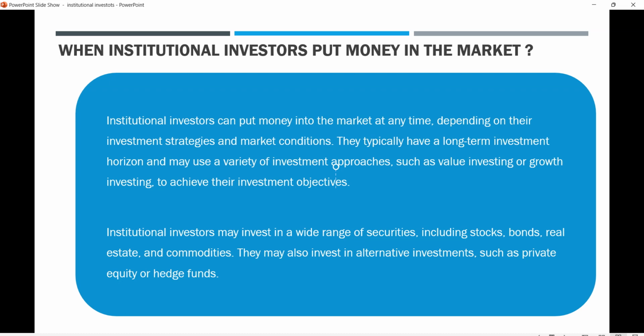I'm going to do a video about how to read the sentiment of institutional investments in a later part of the videos. They use investment approaches such as value investing and growth investing to achieve their objectives. Institutional investors may invest in a wide range of securities, including stocks. They can buy stocks, or invest in indices, bonds, real estate, and commodities.